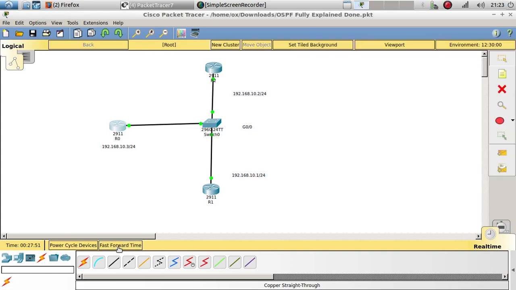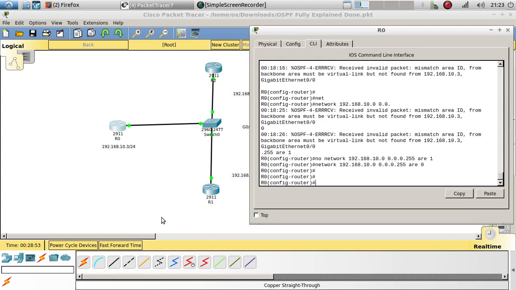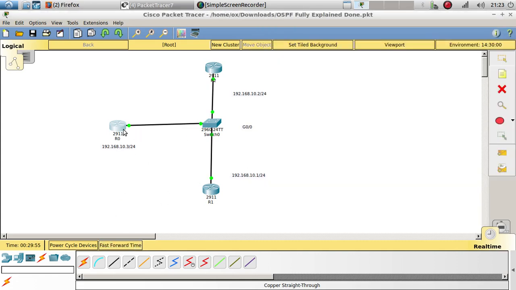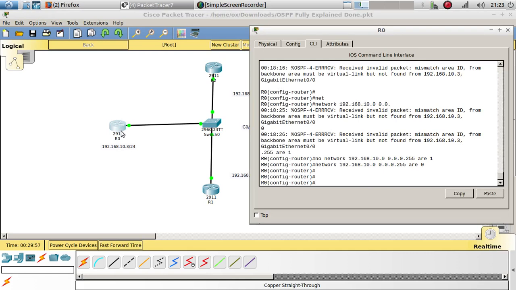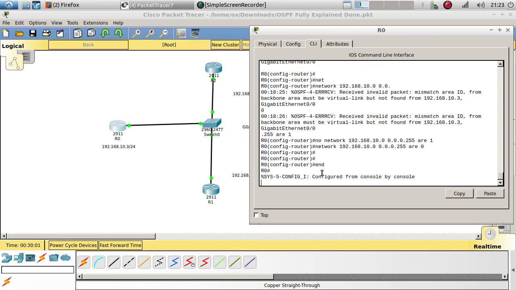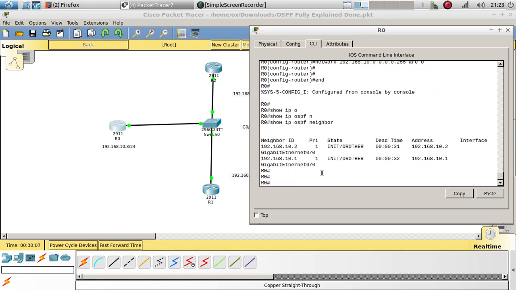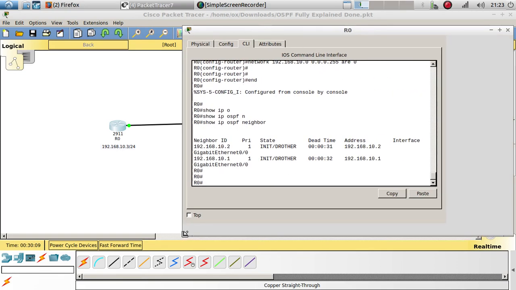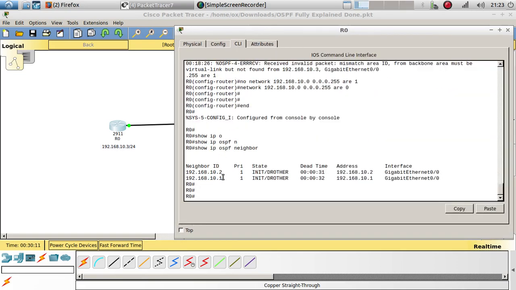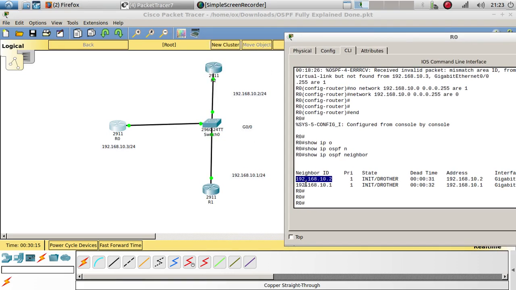And now if you fast forward, we should be able to show IP OSPF neighbor. You can see that now we have 2 neighbors, which is 10.2, which is router 2, and 10.1, which is router 1.